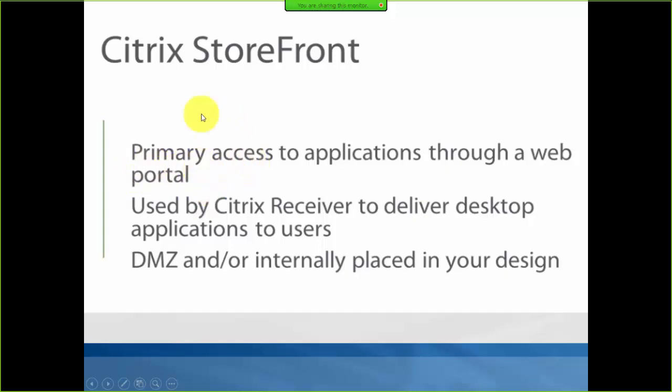So one firewall here, one firewall there, and in between the firewalls there are servers. You can put the Citrix StoreFront there, just like we discussed about Citrix web interface before. Now Citrix StoreFront can be put in the DMZ, or internally, in your internal environment, where one StoreFront server can be there, which would help the users access their applications.